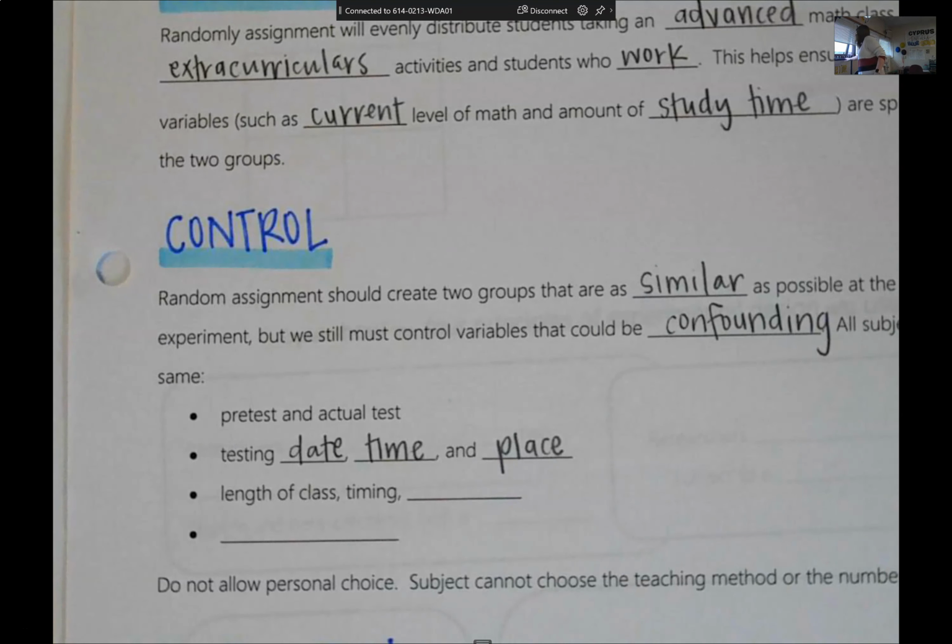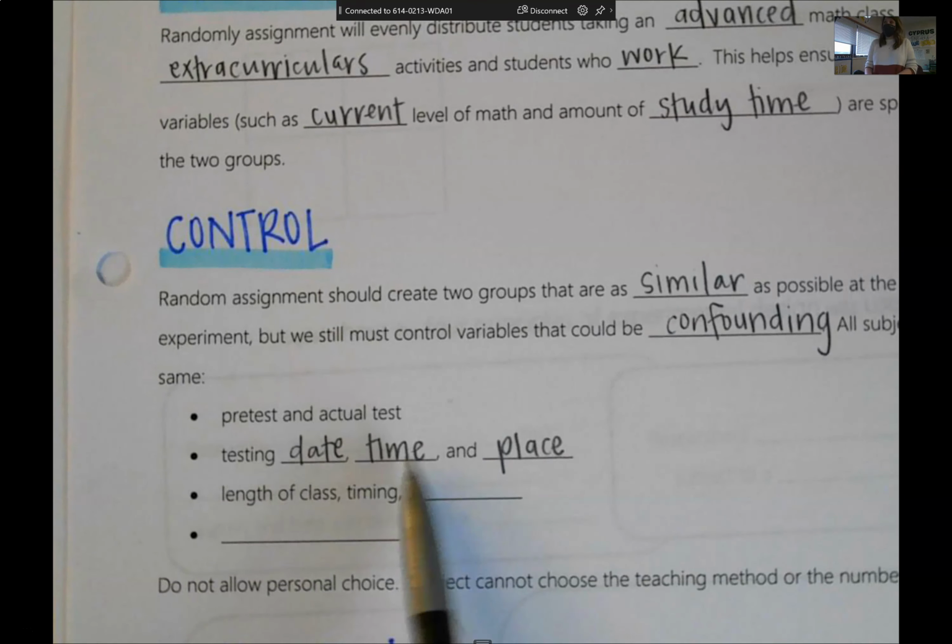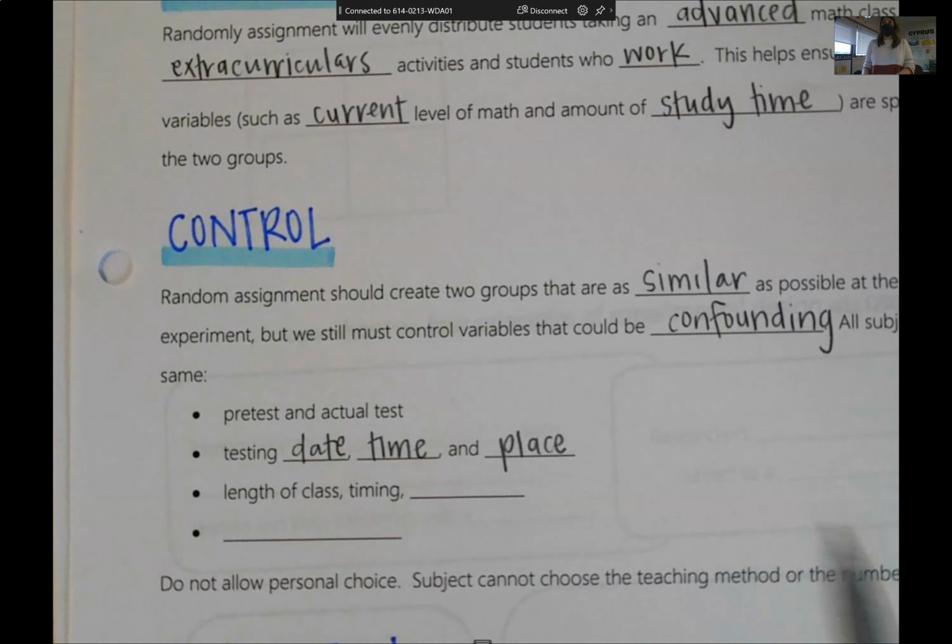So we don't want to have some kids testing in the cafeteria that's so close to the band and madrigals and auditorium that if anything's happening in those rooms, the cafeteria kids can hear them. So we wouldn't want to put one group in the cafeteria and the other in the aux gym where you can't really hear anything. So you want it to be the date, the time, and the place exactly the same.